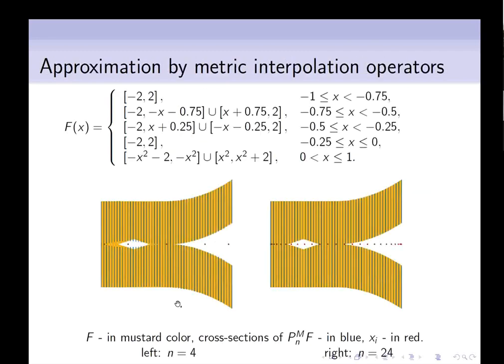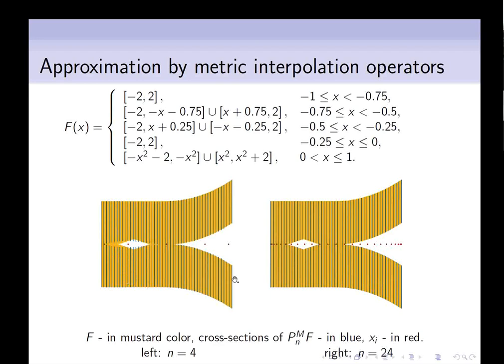Actually, it's a mustard color. In blue, we see a cross-section of the interpolants. In this case, they use 5 interpolation points, which are roots of Chebyshevs. And in this case, we have 25 interpolation points. So this approximation is much better, of course. Here we see the graph of F between the cross sections of the set-valued interpolant.